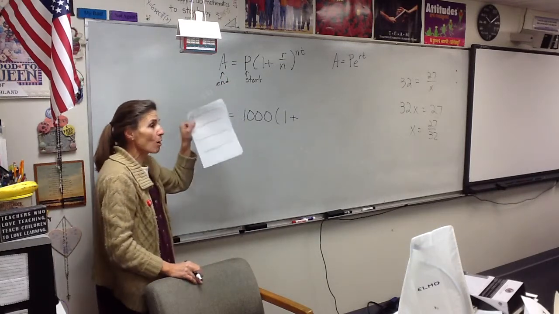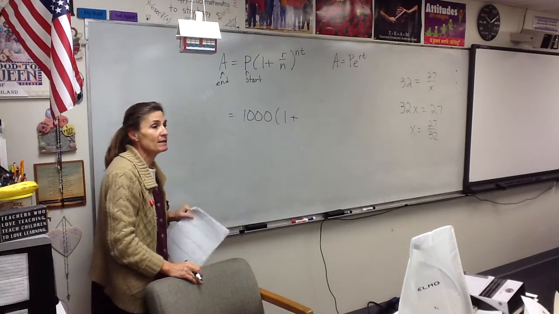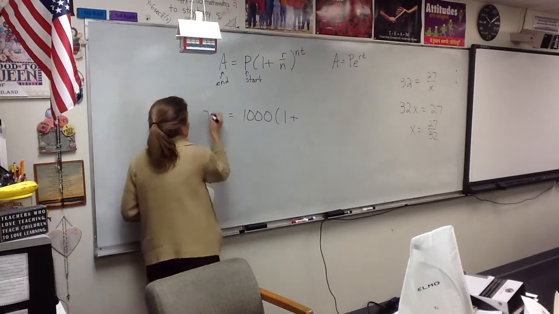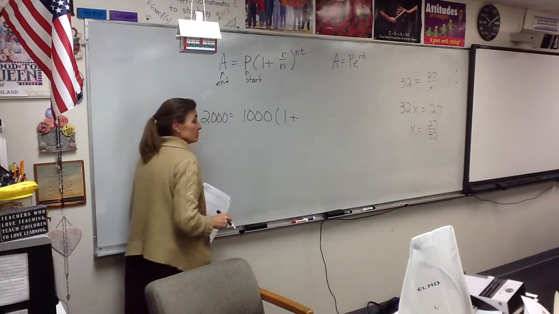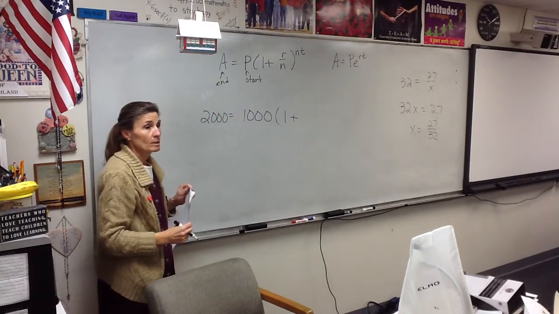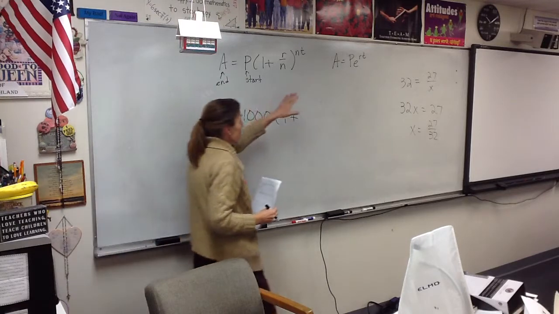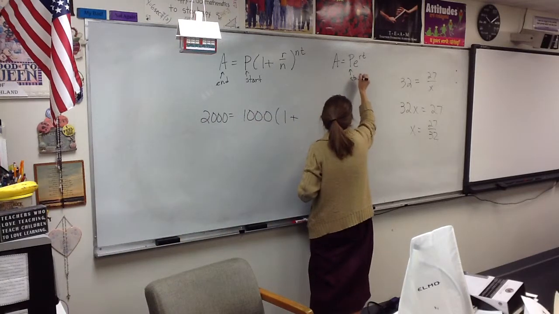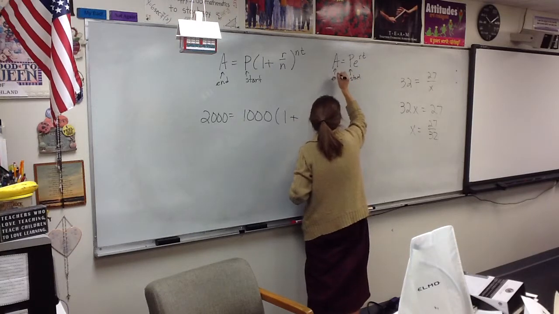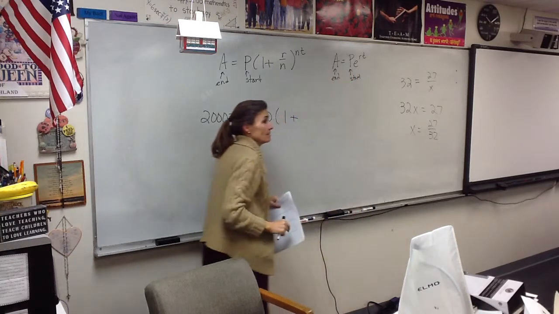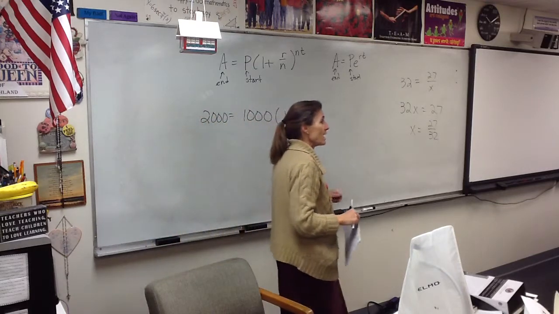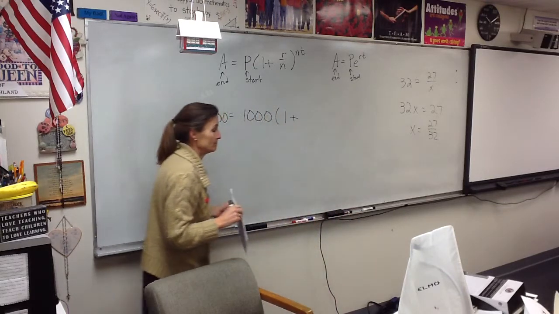So in this problem, how much am I ending with? Double, which would be 2,000. In both formulas, the P is the starting amount and the A is the ending amount. That's consistent. P stands for principal, it's what you start with. A is the amount at the end.